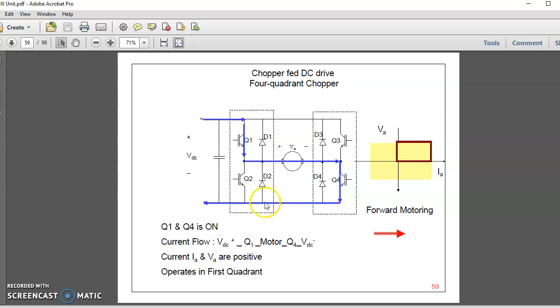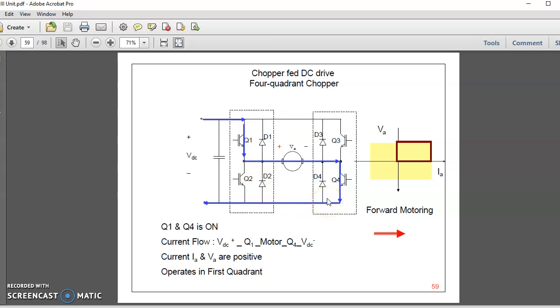The power circuit diagram is shown in this figure. Here there are four choppers, Q1, Q2, Q3 and Q4.